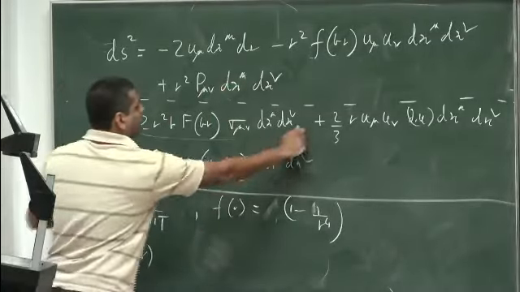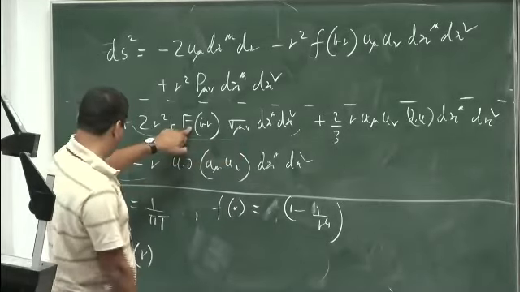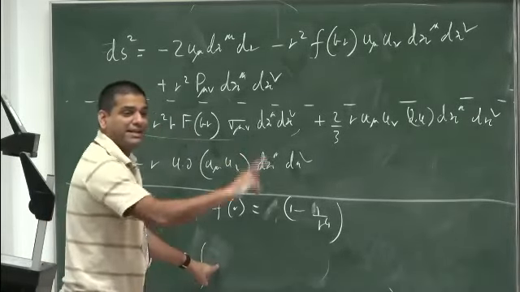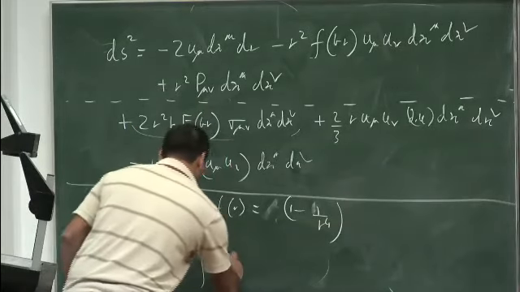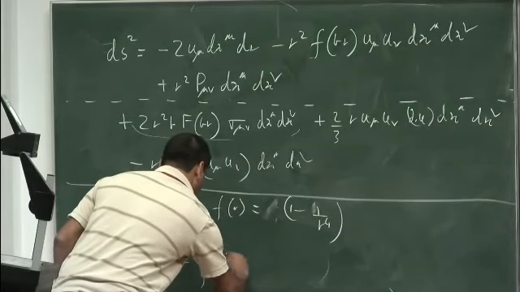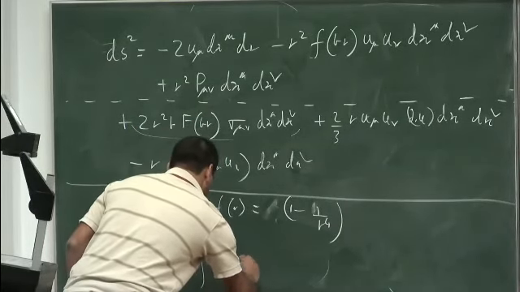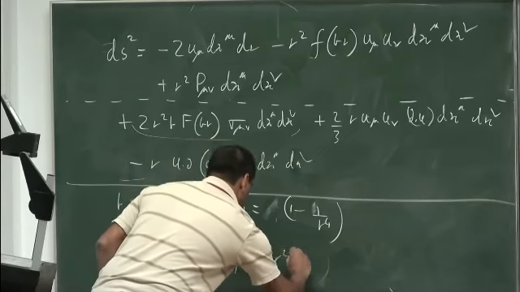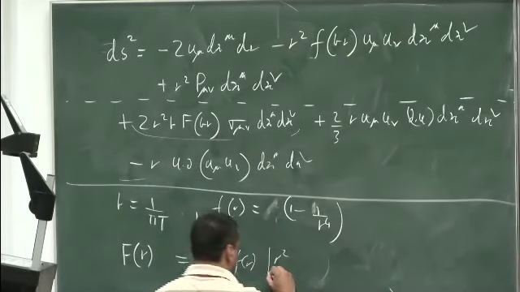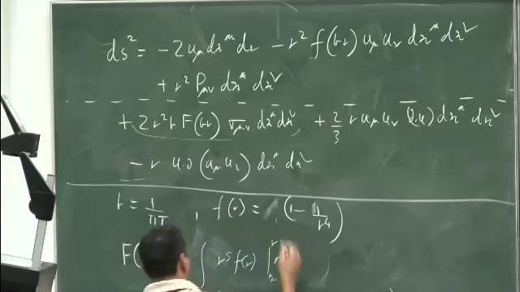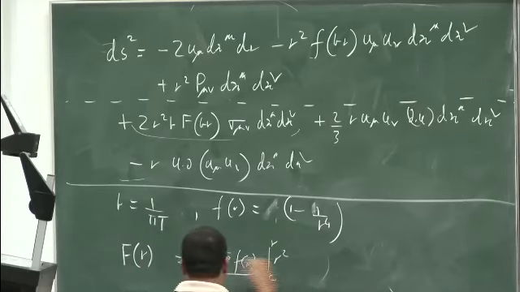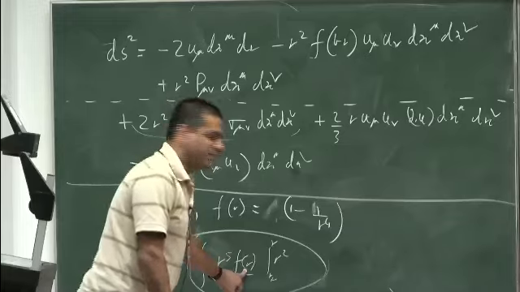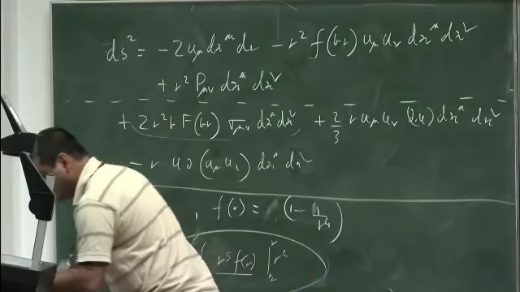This was the solution in the scalar sector, where this big F function is obtained by the integration of the differential equation we had last time, from r_H to r. Let me write it down.